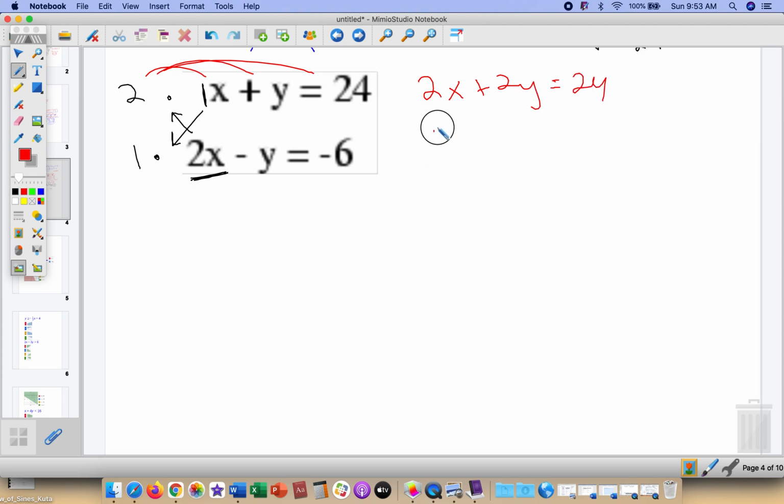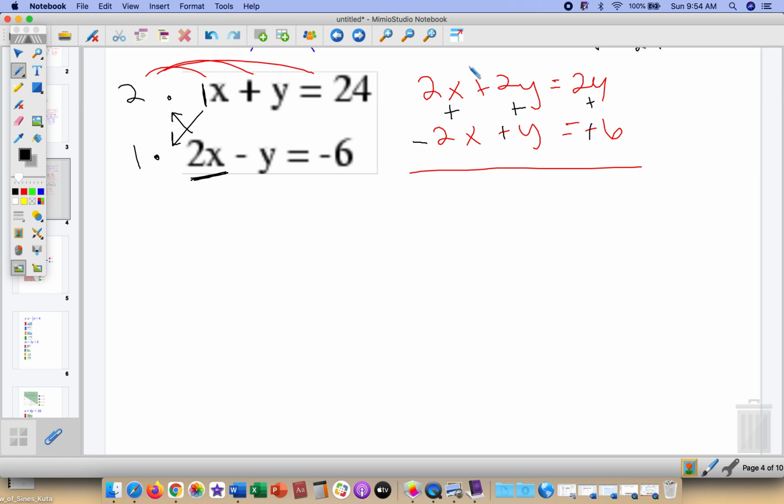The bottom would still be 2x minus y equals negative 6. Now I would have to subtract, but I like adding. So if I choose to add, I know 2 plus 2 would be 4. So I need to go across the bottom row and change all the signs. So this becomes negative, this becomes positive, and this becomes positive.